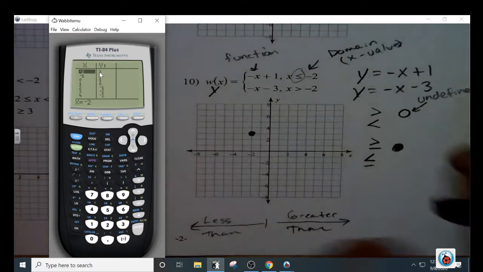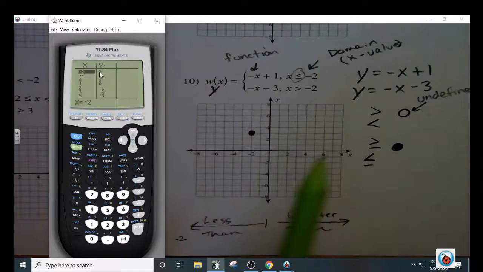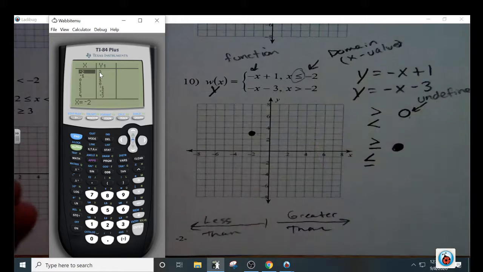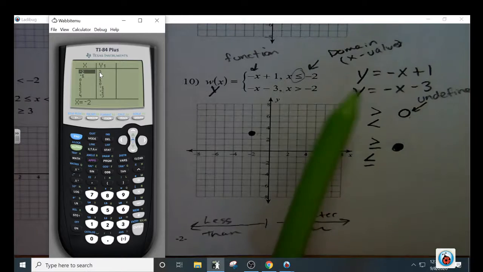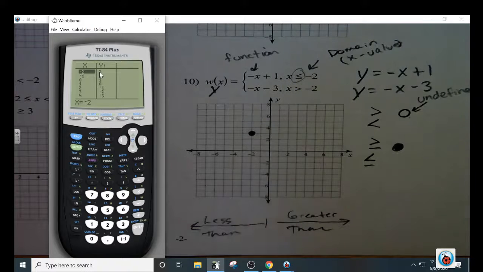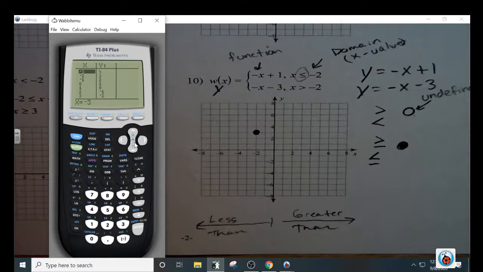All right, now, so guys, do I care about any values less or greater than negative 2? Do I care about that in this particular problem, according to my domain? So x value is less than negative 2. Do I care about anything bigger than negative 2? Nope. All I care about is numbers smaller than that. Okay. So negative 3, 4.